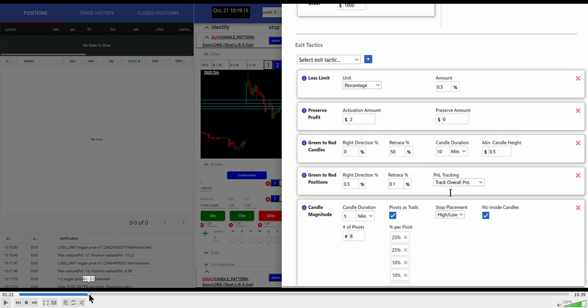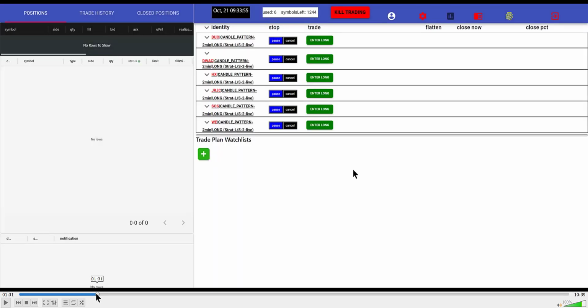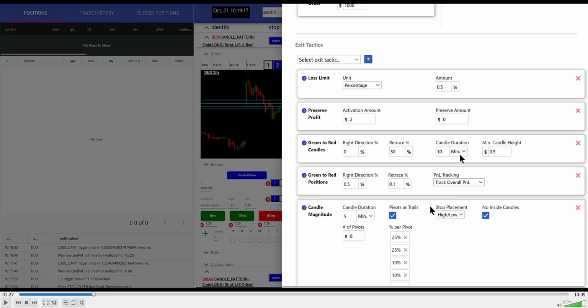And then where these targets come from, we have multiple strategies that let you exit a position and take target profits. This one is based on candle magnitudes. In this case, I have it configured to look at 5-minute candles and pick the tops of those 5-minute candles as targets.